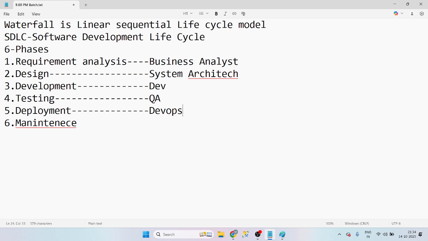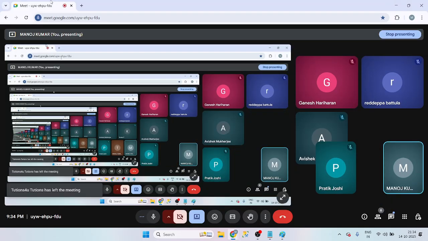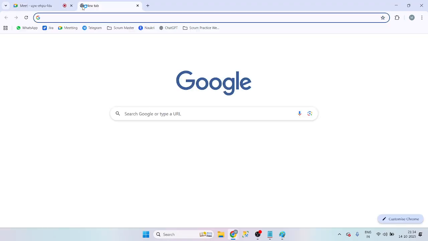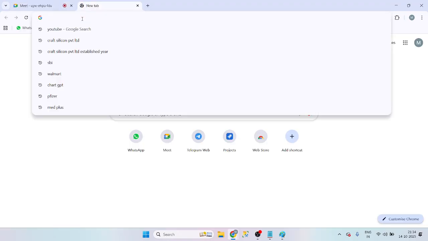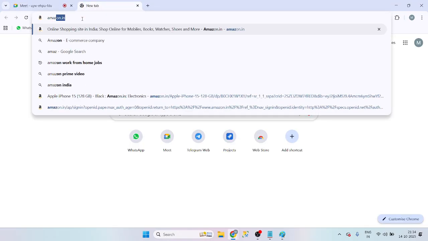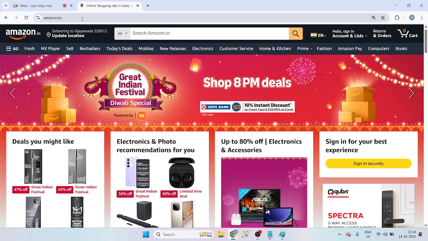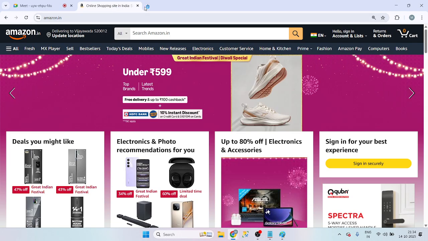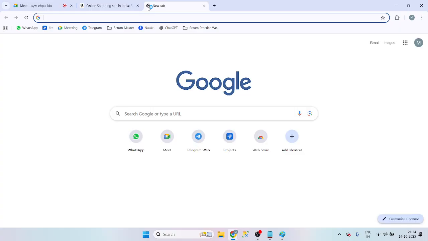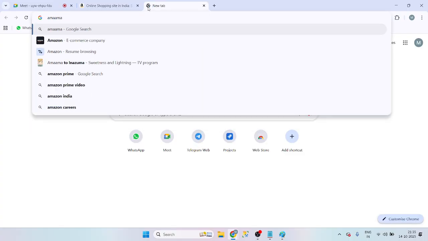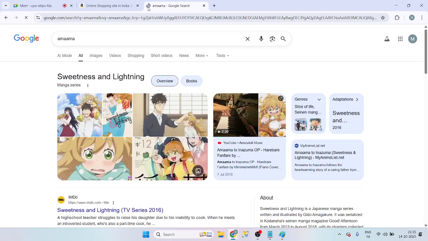Okay, the DevOps team will keep the project live. Live is nothing but what we are seeing here. Whatever project we are seeing here, just consider Amazon, right? I can see Amazon. Okay, this is called the live project. If I type something, I want to see this.